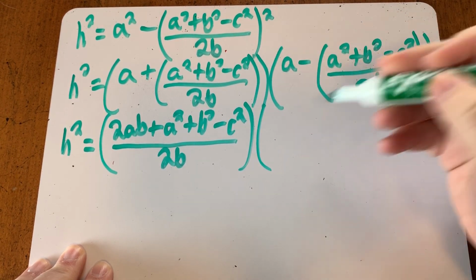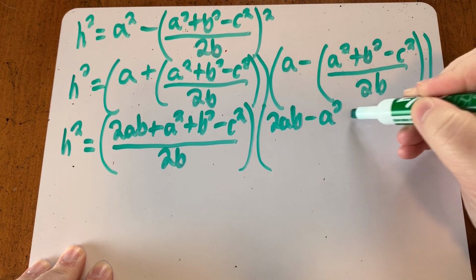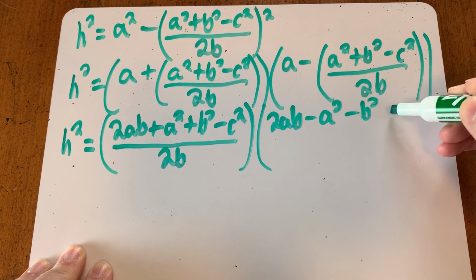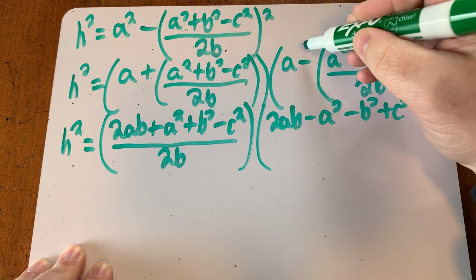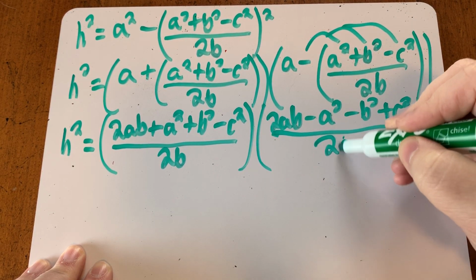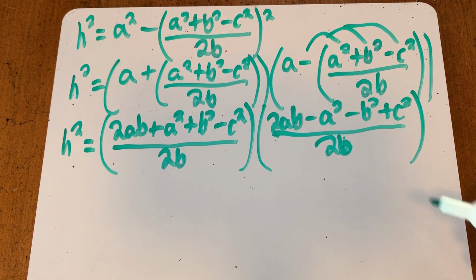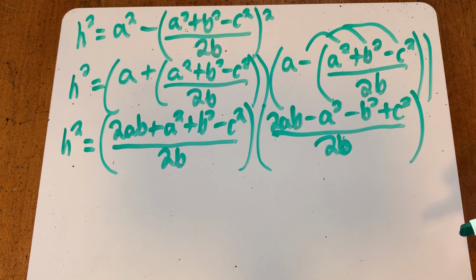And this time it'll be the same 2ab minus a squared minus b squared plus c squared, because remember you have to distribute that subtraction, over 2b. So now we have these two fractions being multiplied together.